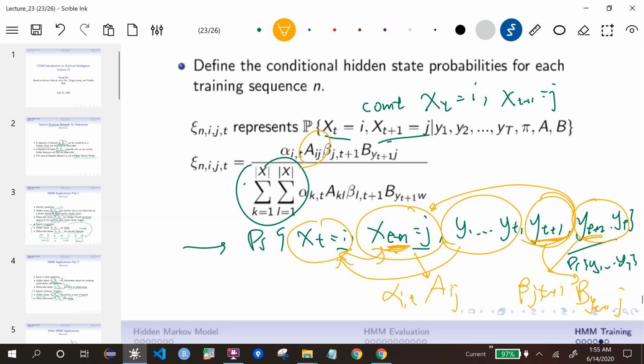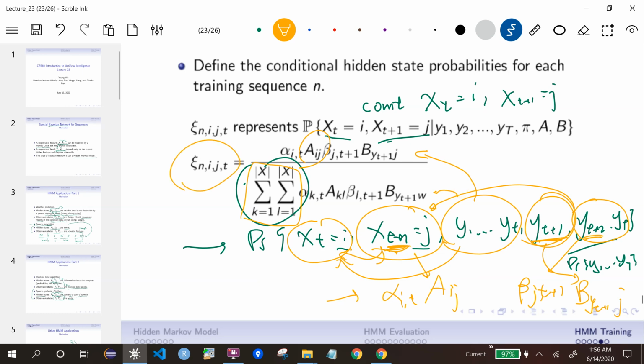So if you are familiar with what we have done in the last lecture, this should be very quick. And then after we have all of these probabilities, we get both the denominator and the numerator at the same time. The denominator is just summing up all the possible values of i and j, basically as a normalizing factor.